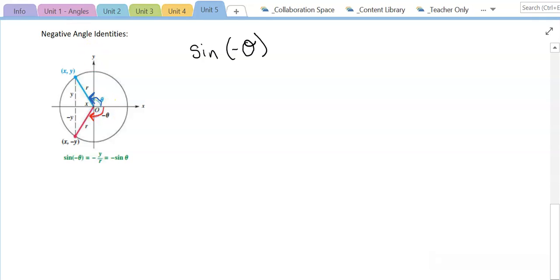I want you to notice on this picture, when we're doing the sine of a negative angle, look at this triangle that it creates right here. That would give us negative y over r. And remember that sine is typically positive y over r. So this would be giving us the opposite of what we currently get.